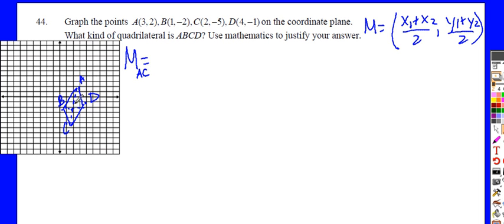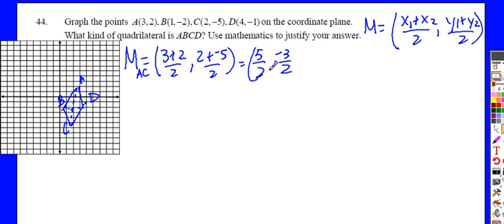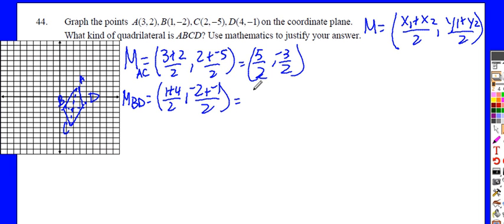So I'm going to find the midpoint of AC first. AC would be (3 plus 2) over 2, and (2 plus -5) over 2, which is 5 halves and -3 halves. The midpoint of BD is going to be (1 plus 4) over 2, and (-2 plus -1) over 2, which is 5 over 2 and -3 over 2.